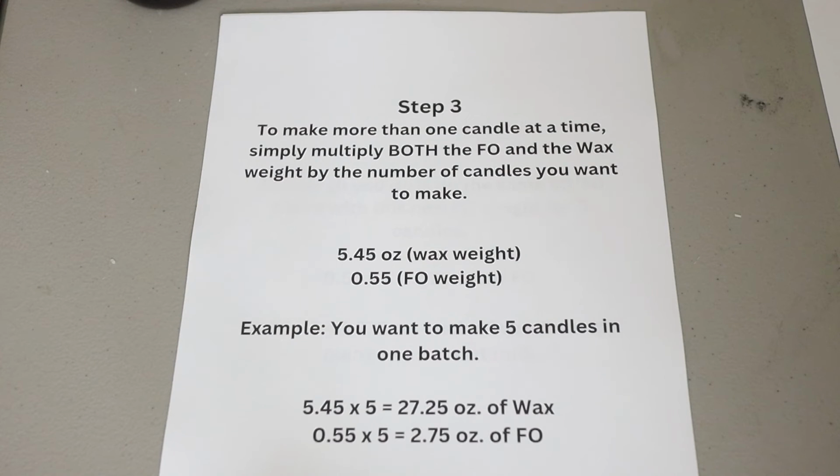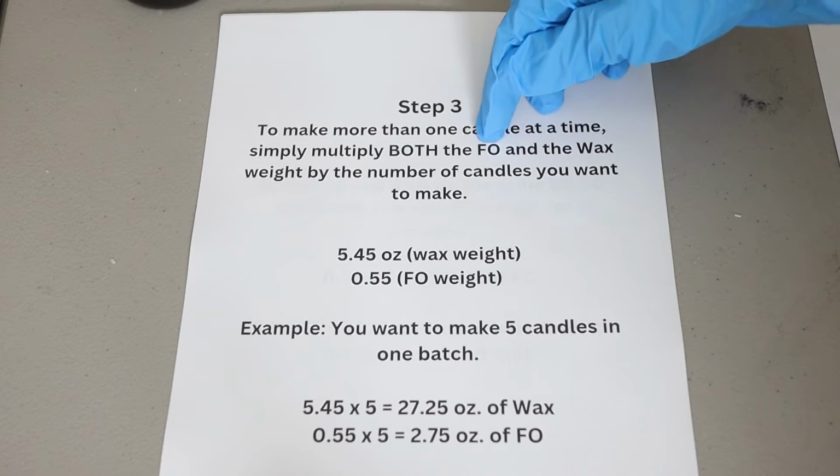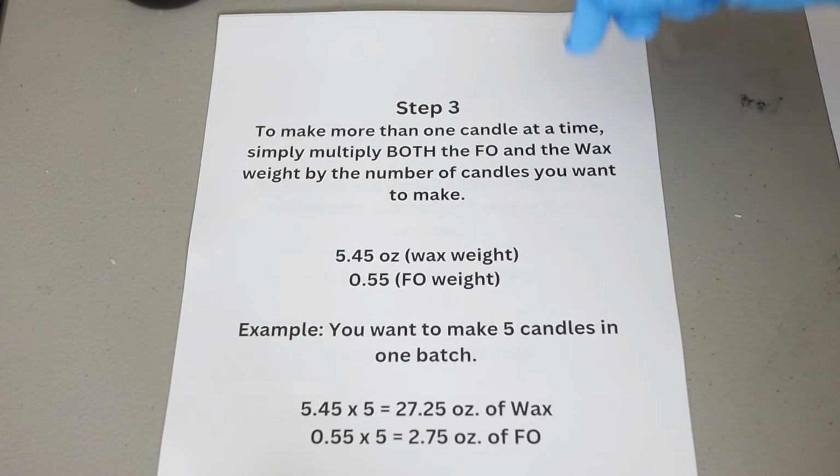So now that we figured out the numbers that we need in order to make one candle, now we can figure out how to make multiple candles in one batch. So to make more than one candle at a time, all you do is multiply both the fragrance oil and the wax weight by the number of candles you want to make.